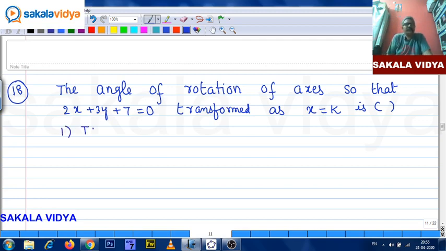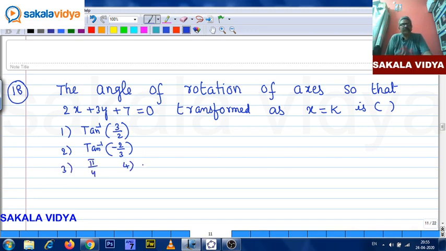First option tan inverse of 3 by 2, second option tan inverse of minus 2 by 3, third option pi by 4, fourth option is pi by 6.